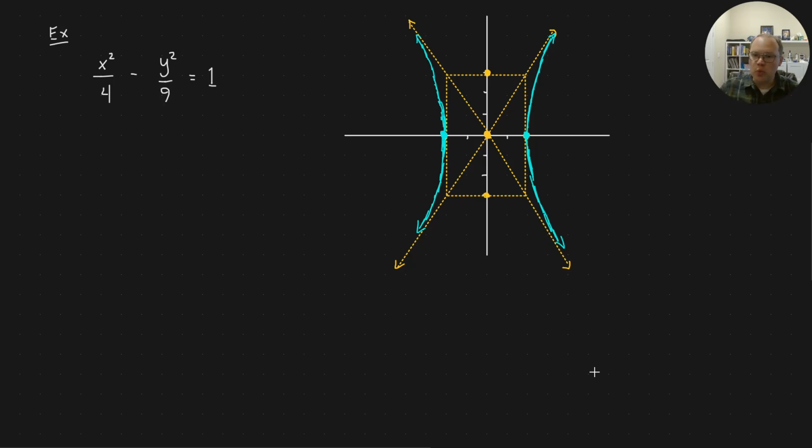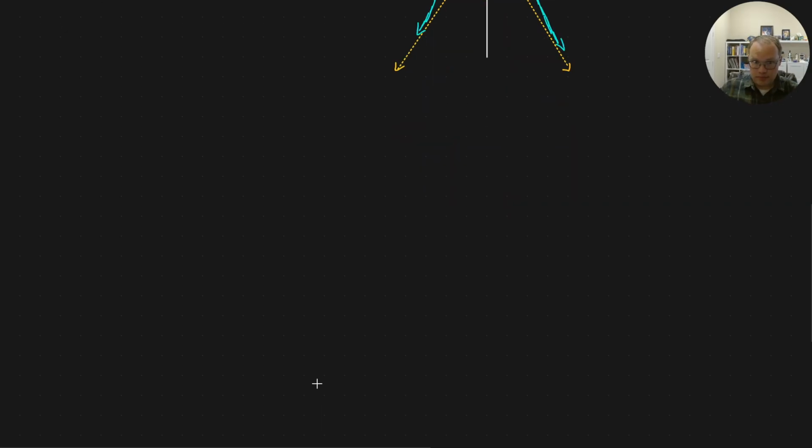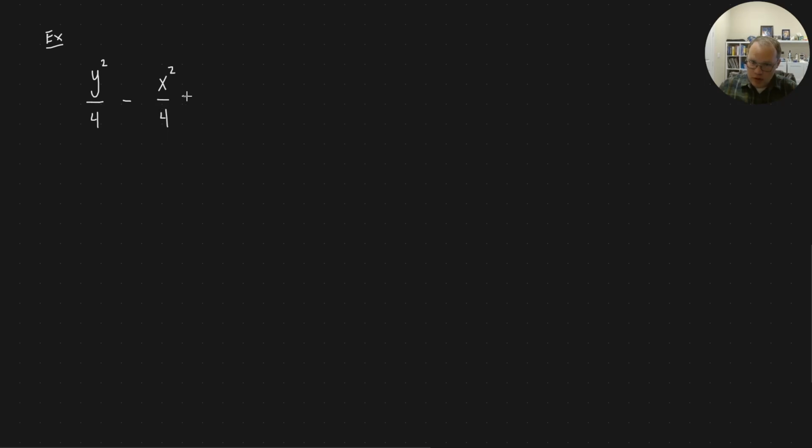Okay, let's do one more, but now let's flip the role of x and y. So let's graph a hyperbola that looks like y squared over 4 minus x squared over, let's make it also 4, equals 1.